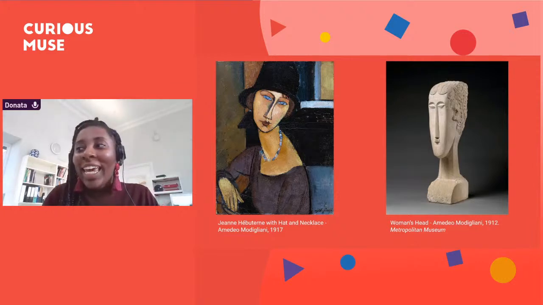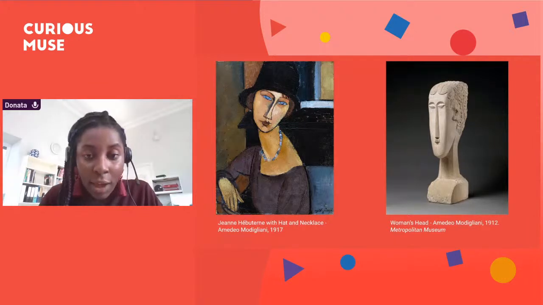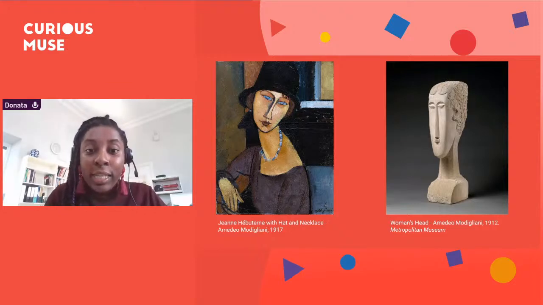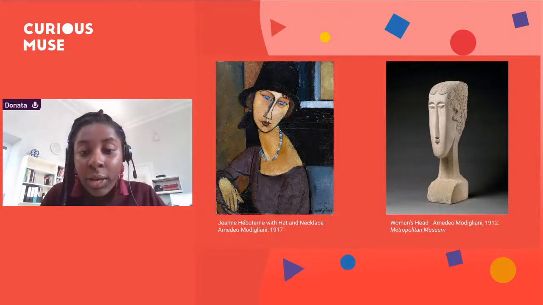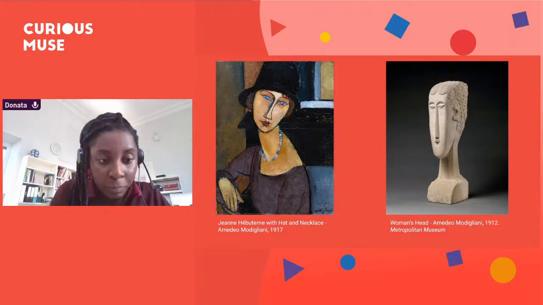We also see here a woman's head by Amedeo Modigliani from 1912 that has that same effect, and it being a sculpture brings that African mask element to life even more, because you can see the kind of profiles that you would usually see in an African mask shown here in this bust of a woman.